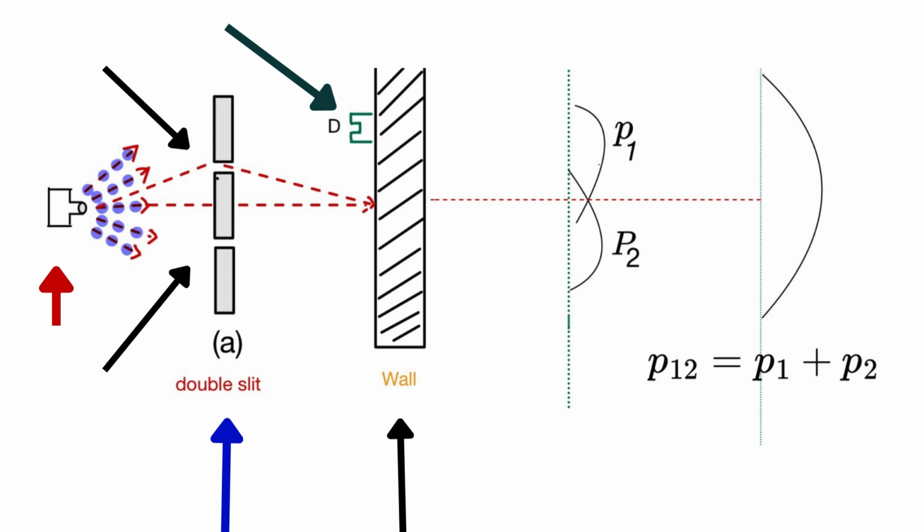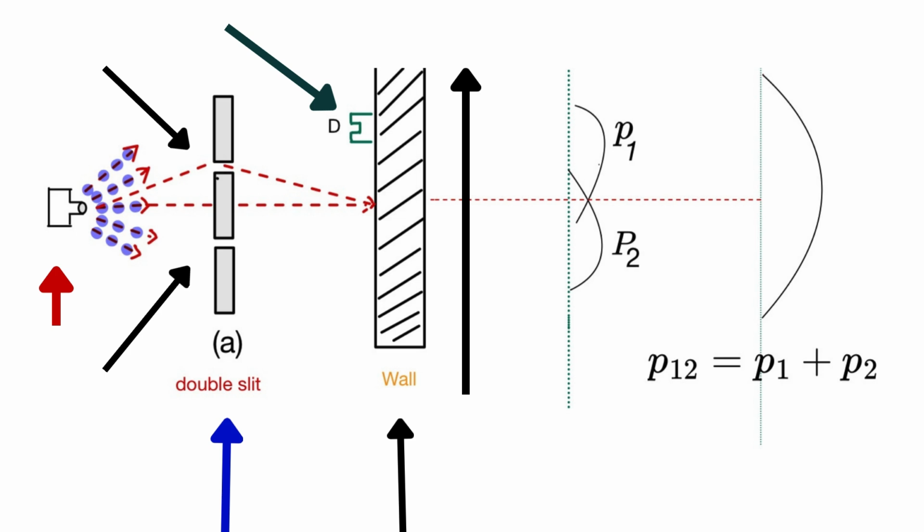We measure the probability of the bullet arriving as a function of x, that is, how many bullets are absorbed by the detector at a certain point divided by the total number of bullets fired. We measure probability because bullets are fired randomly and we have no clue where a bullet goes.